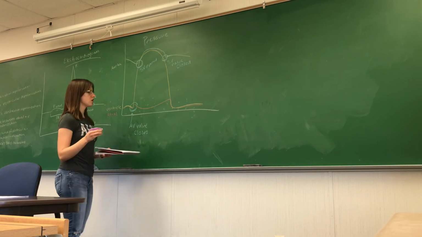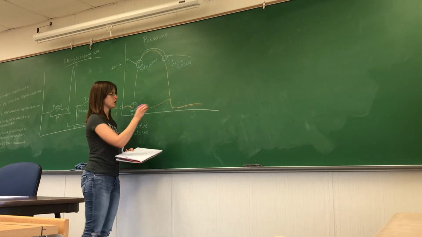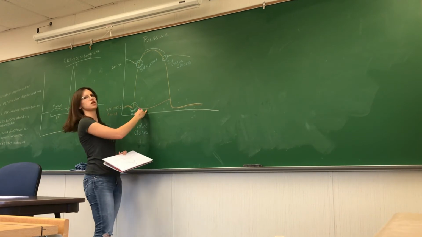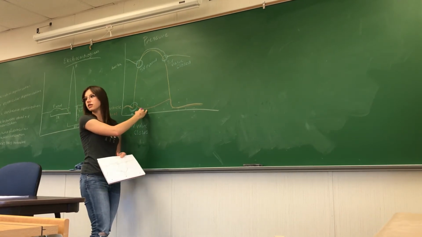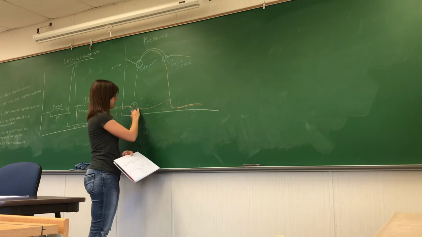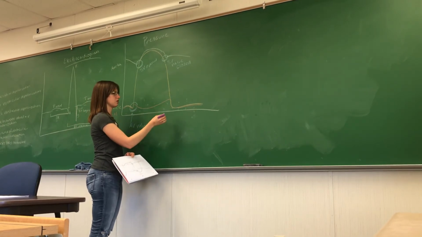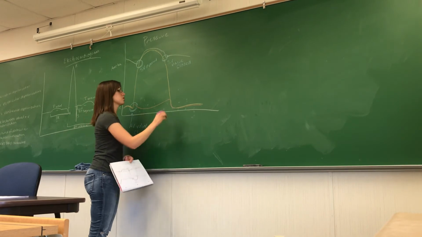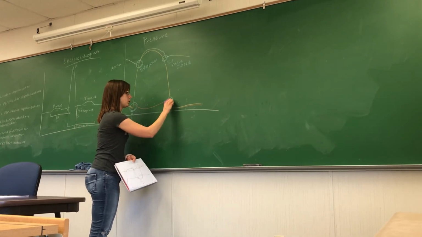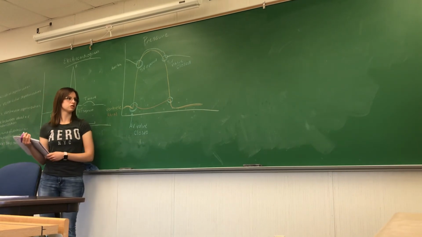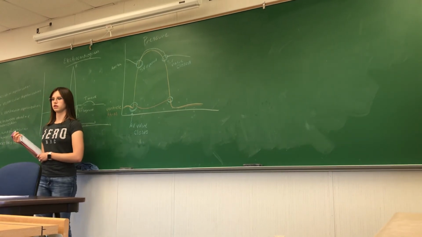And then we've got one more. So you can see the aortic, I'm sorry, the atrial. There's too many names. The atrial pressure was kind of building, then all of a sudden it dropped, and the ventricular pressure dropped as well. So, what valve do you think? I'll give you a hint.